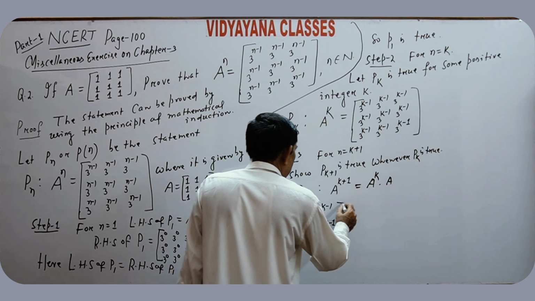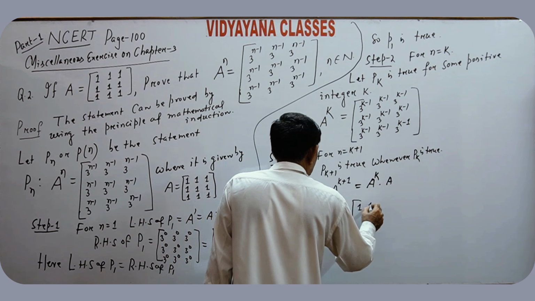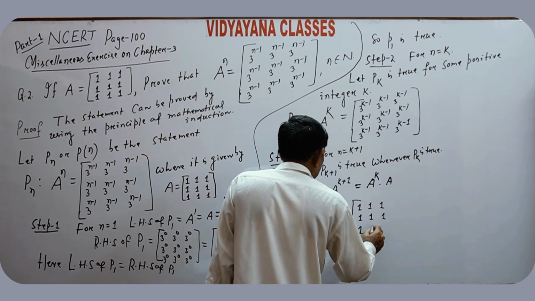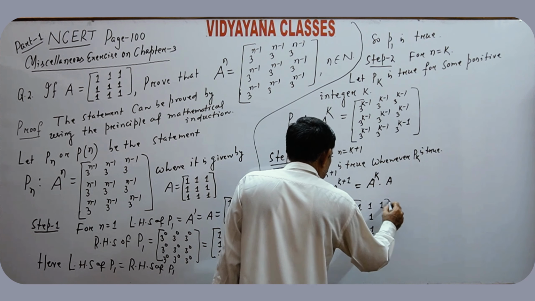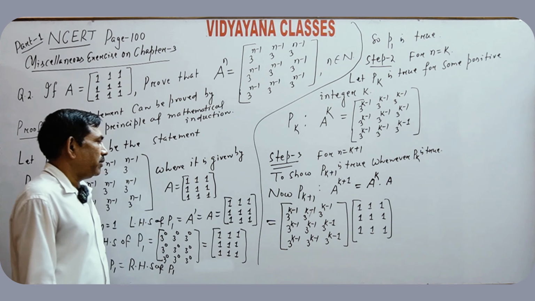A is given by 1, 1, 1 in each row, each element is a unit.